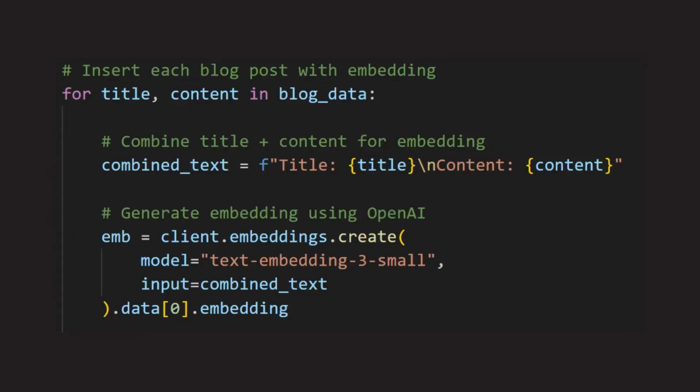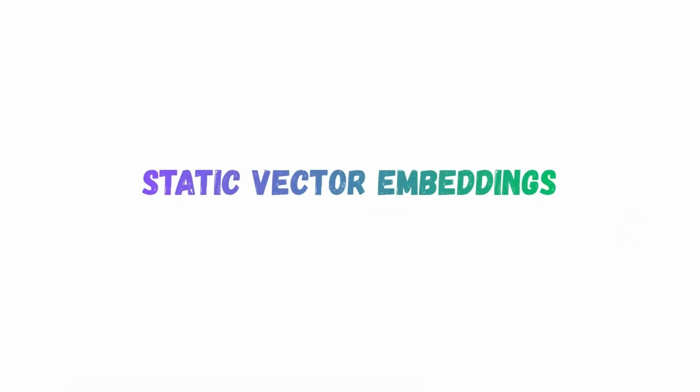This is a sample code where we are looping over all blog posts, concatenating metadata using an escape character, and then generating embeddings for the combined text. First of all, there are two types of vector embeddings. The very first one is static embeddings, and the second one is contextual embeddings.